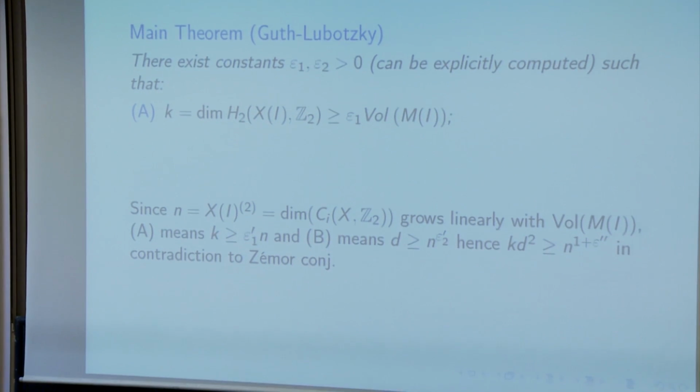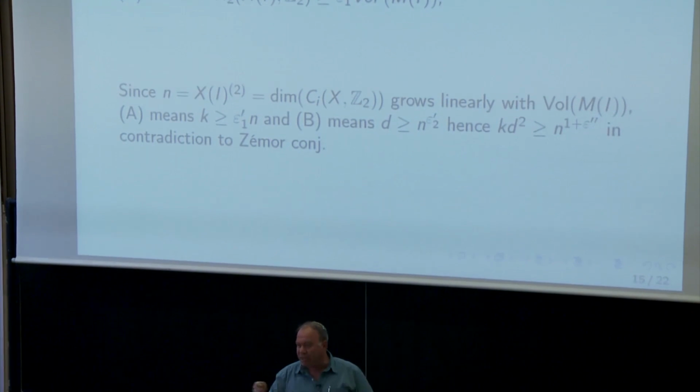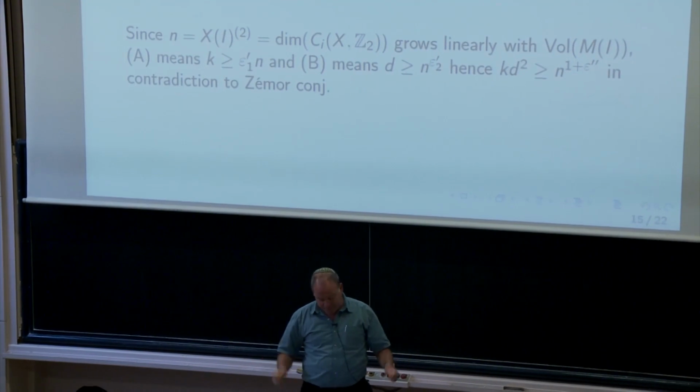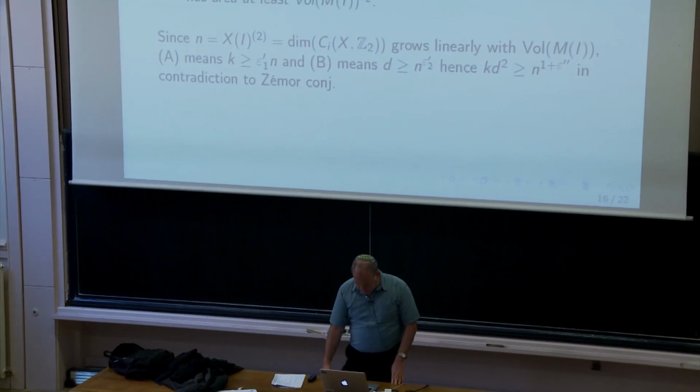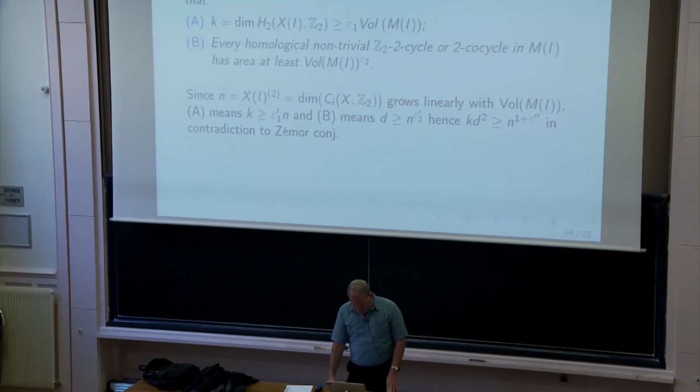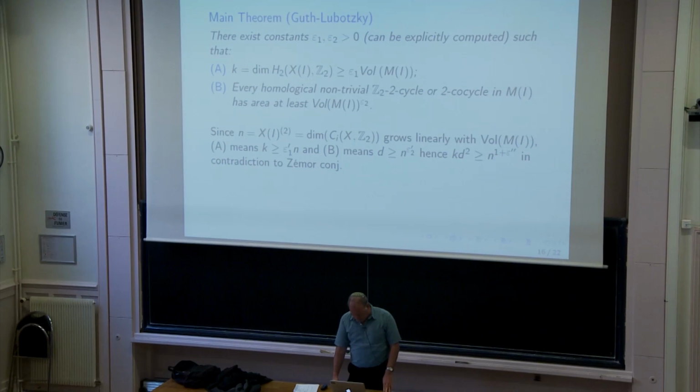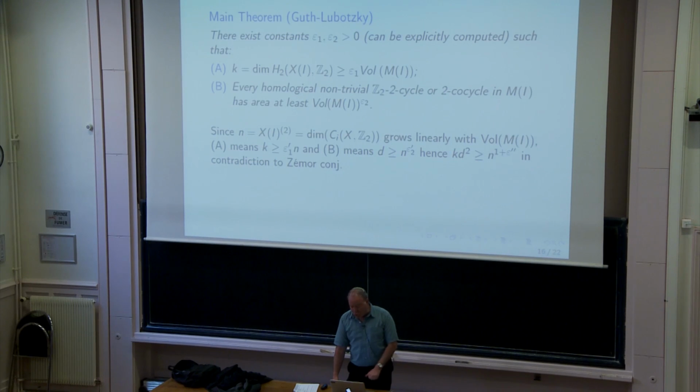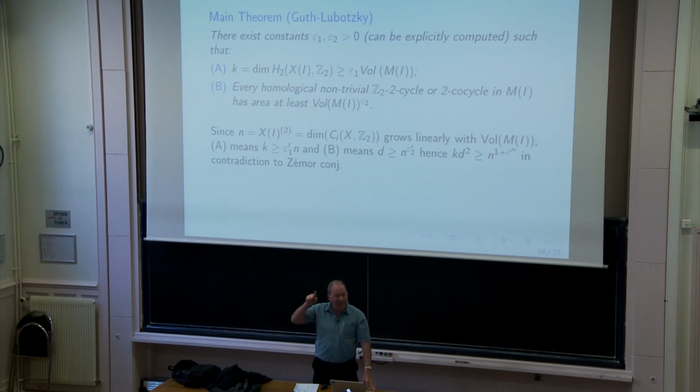The dimension of the codes here grows linearly with the length. The distance is not so fantastic, but is also not too bad. Every homologically non-trivial two-cycle or two-cocycle in M_I has area at least the volume to some epsilon, which means that it's not linear, but it's n to some epsilon for a fixed epsilon.